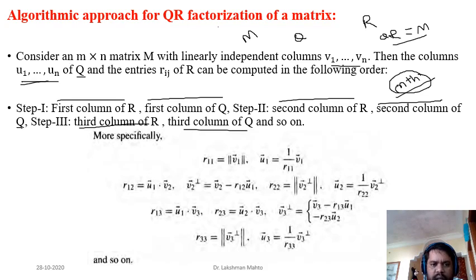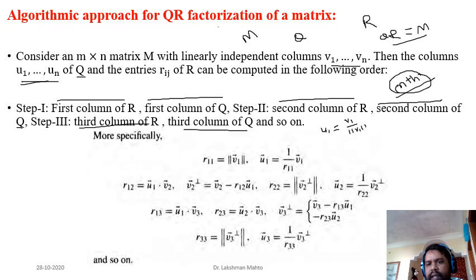All these steps I have written here. In the first step, what was the representation of U1, how did you get the first unit vector? By normalizing the given vector V1, that means you divide V1 by the norm of V1.